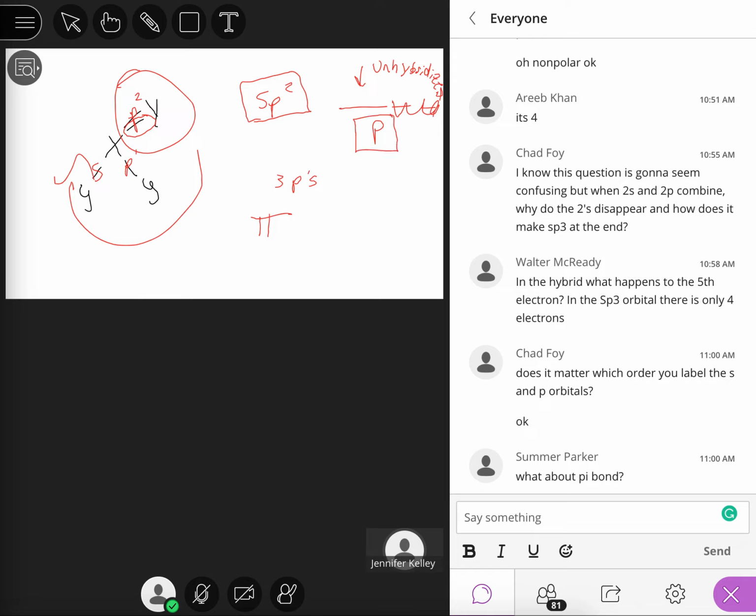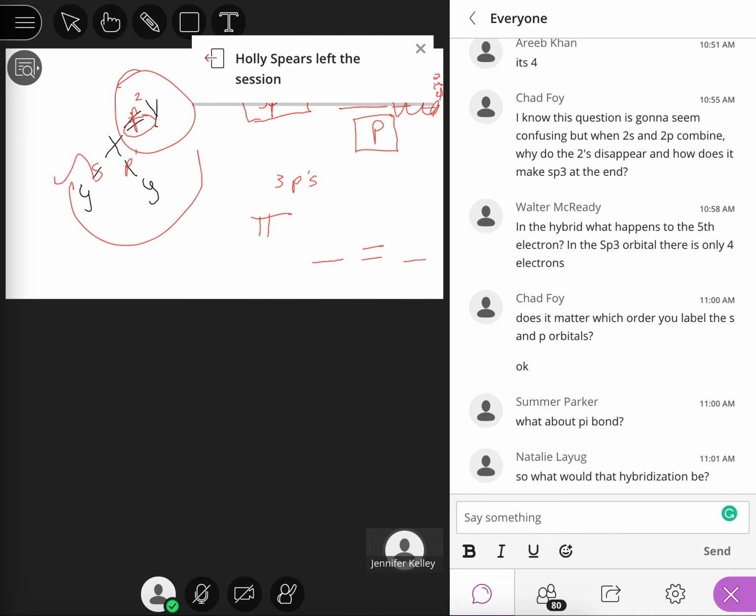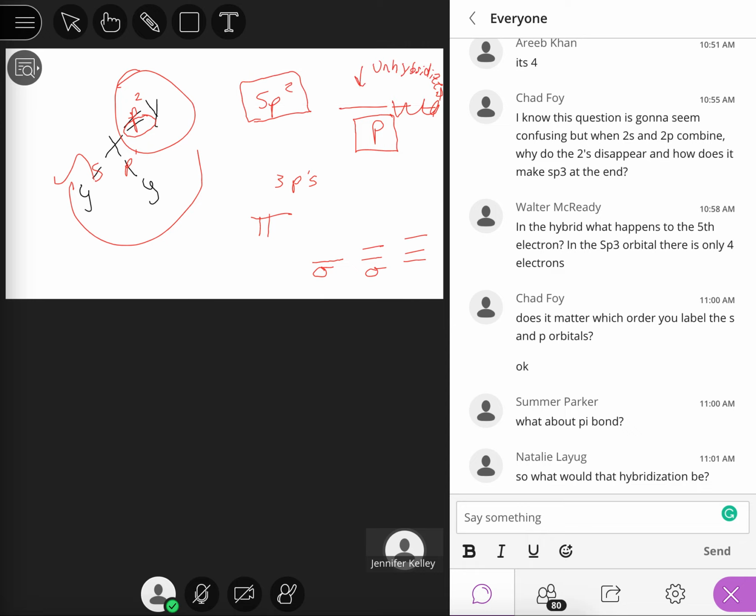Unhybridized p orbitals are the only things that cause pi bonds. So every kind of bond, single, double, or triple, has one sigma bond. Anything that's not that one sigma bond is called a pi bond.